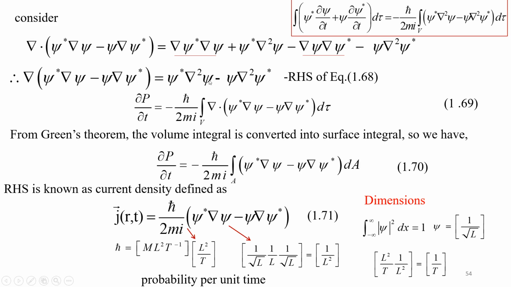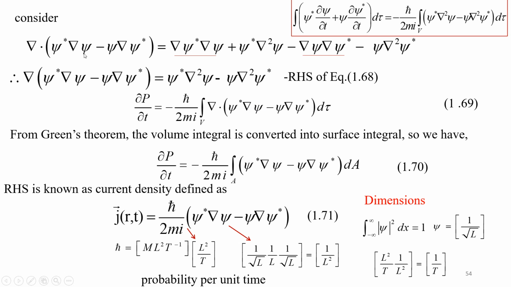Now look at this equation. The right hand side of 1.68 can be replaced by the right hand side of this equation. So this becomes partial dP by dt, which is equal to minus ħ divided by 2mi integration of del dot (ψ star del ψ minus ψ del ψ star).